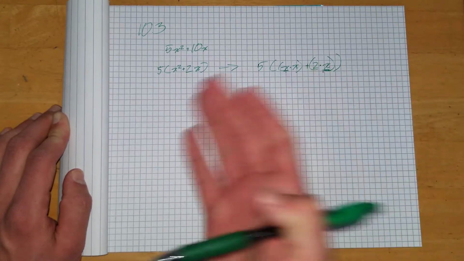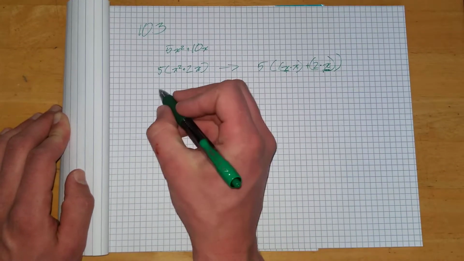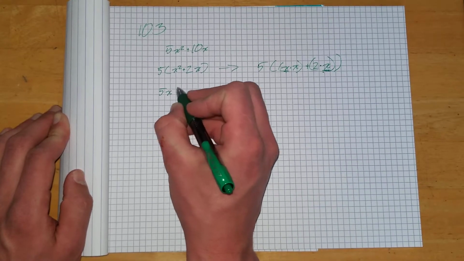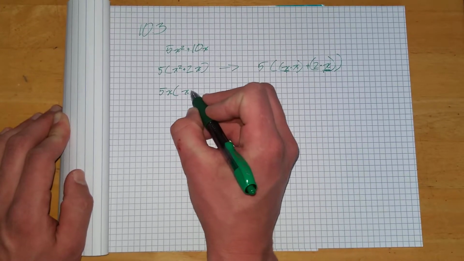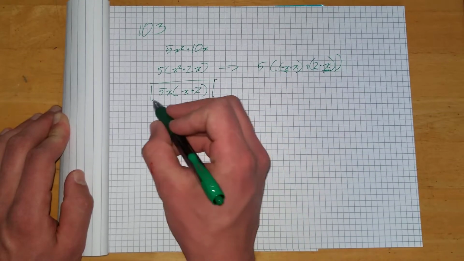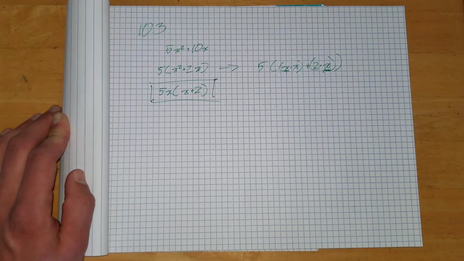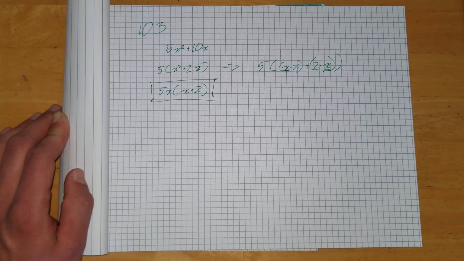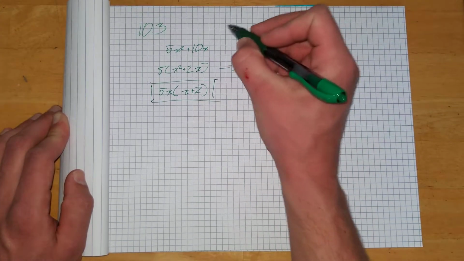So that means I can pull the x out. So I'm going to rewrite this as 5x times x plus 2. And there you go. That is our factored polynomial right there. So this is example 1.